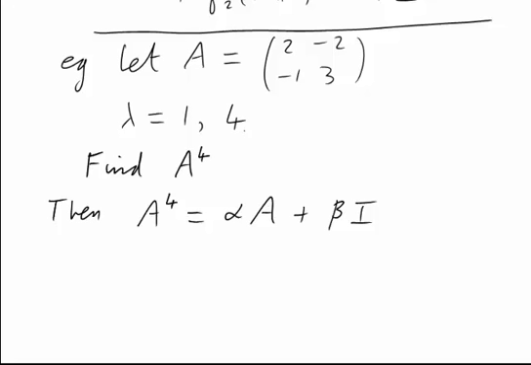Now remember, this equation has come from the Cayley-Hamilton theorem and therefore has arisen from the characteristic equation. Any equation satisfied by the matrix must also be satisfied by its eigenvalues. So we could replace a with its eigenvalues.